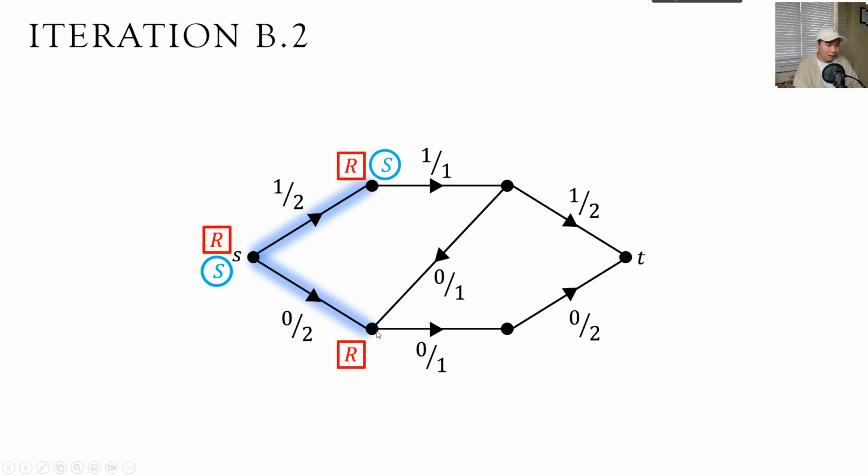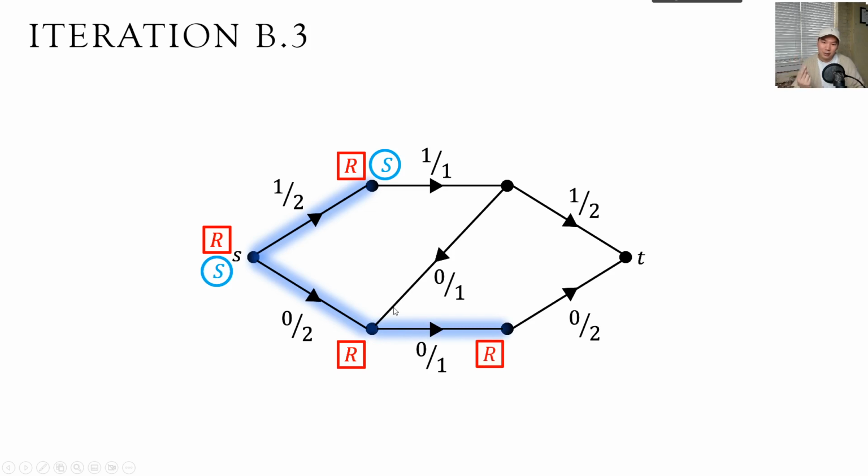Moving from here, now let's look at this bottom vertex. Now I'm going to look and see among all of the neighbors that have not been accounted for or not reached, I want to see for the forward direction, where is my flow less than my capacity? Well, for this bottom edge that's moving out, I can see that my flow is less than capacity, so I can include it and add this to my reach. What about this other edge here? Well, since it's a reverse edge, it's not leaving this vertex, it's entering.